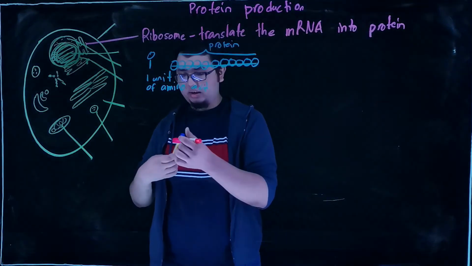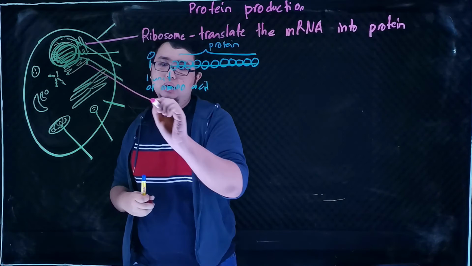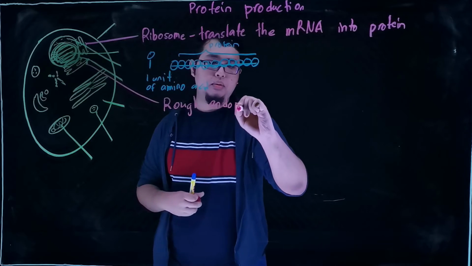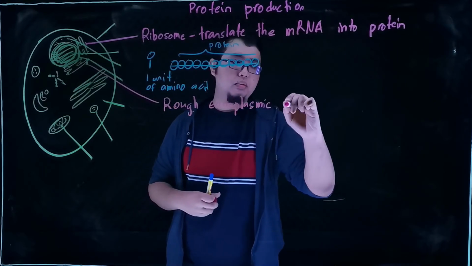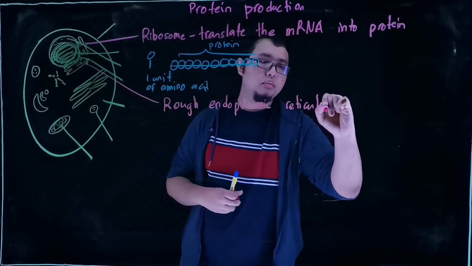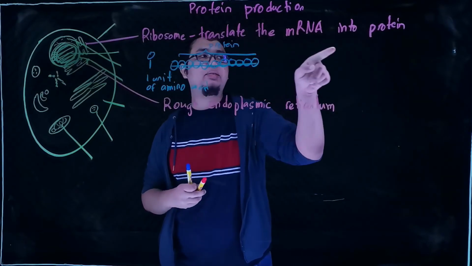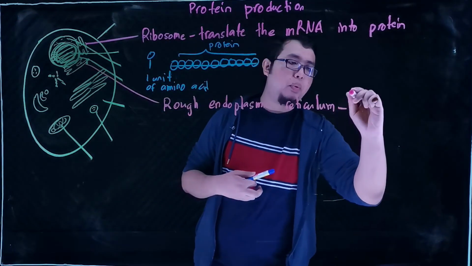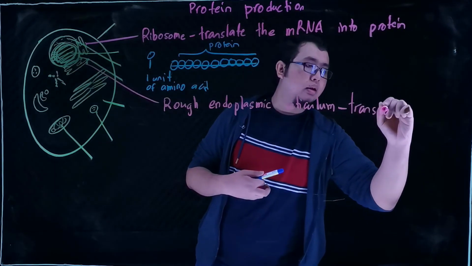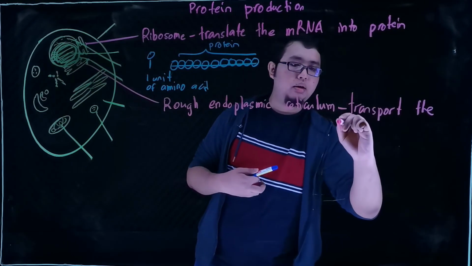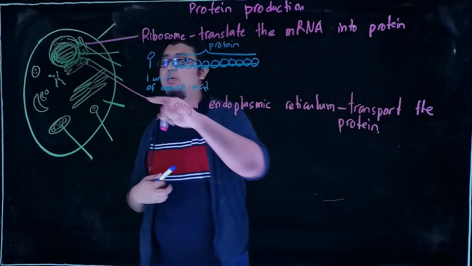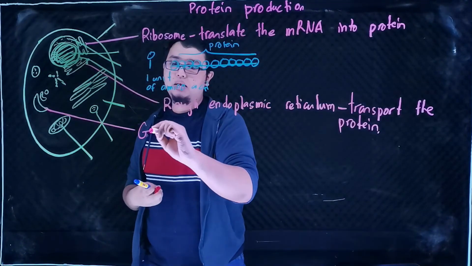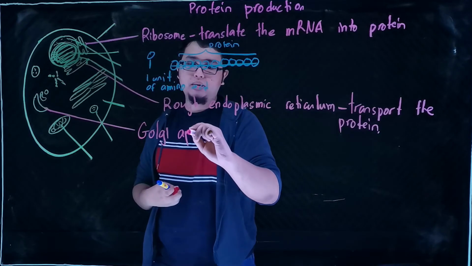So where does it get modified? First, we go to our rough endoplasmic reticulum. What this does is that the protein that just got translated by the ribosome is transported from the ribosome throughout the cell to the Golgi apparatus, or the Golgi body.